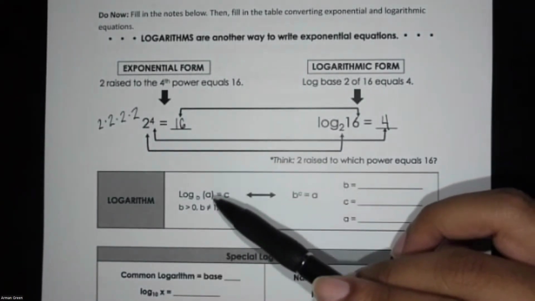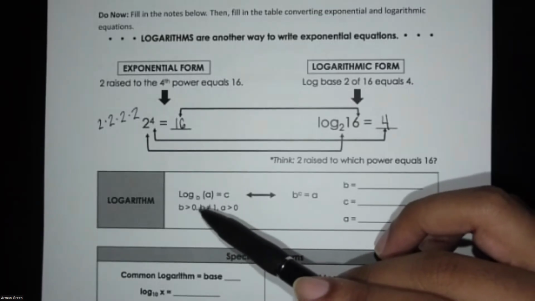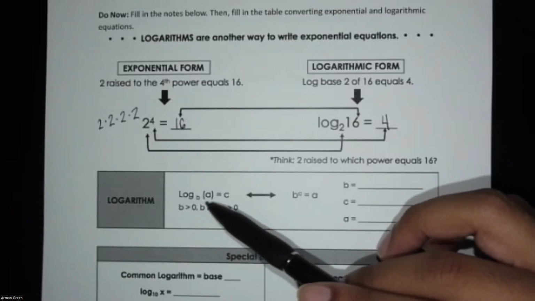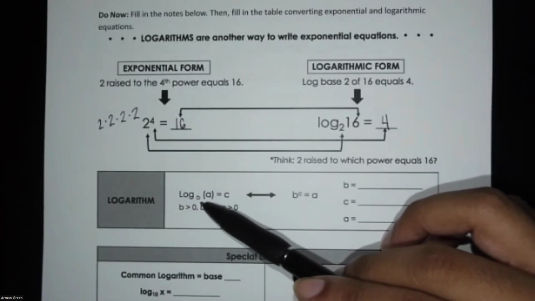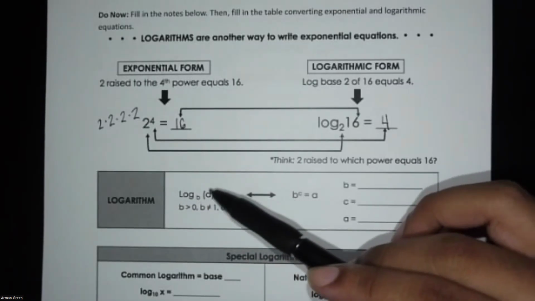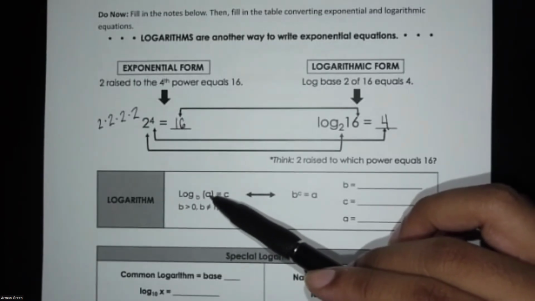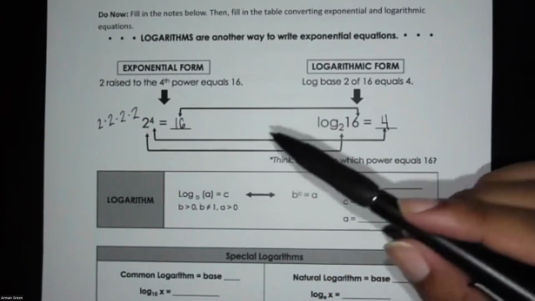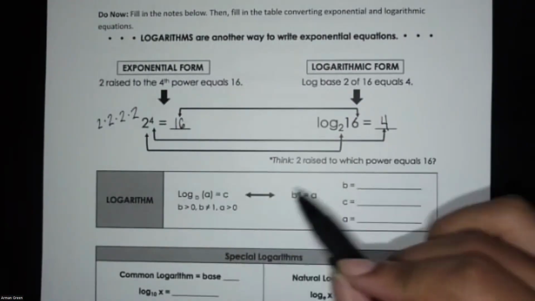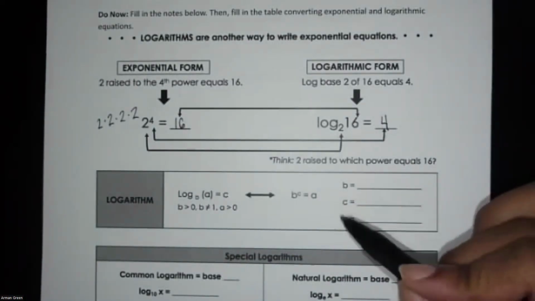In general, this is how logarithms are written out. We have a log with a base of some number we'll call b. Inside of our logarithm, this is our value, a, and this is equal to c, which represents our exponent. These variables do have meaning, so we're going to give some context.